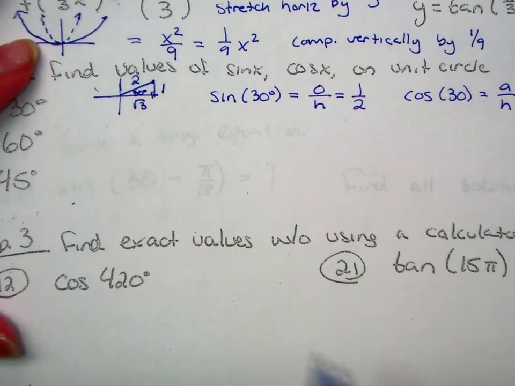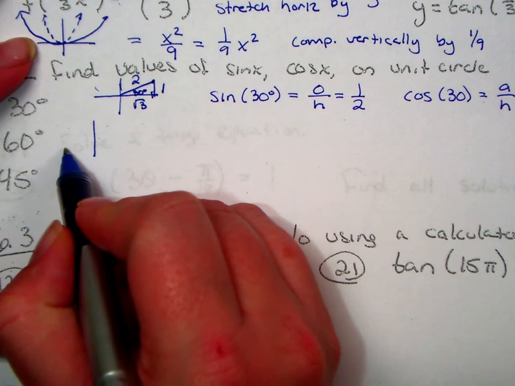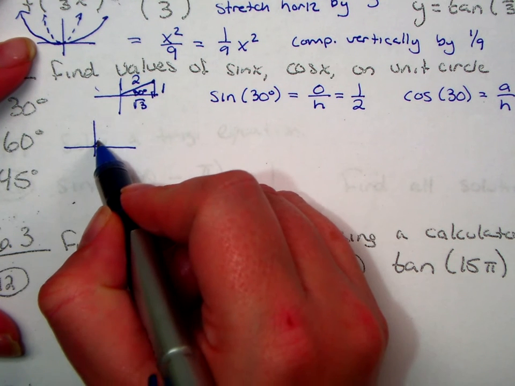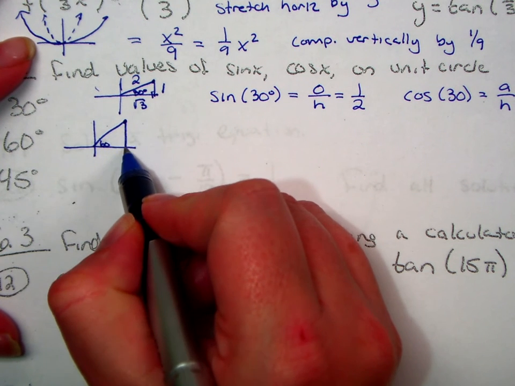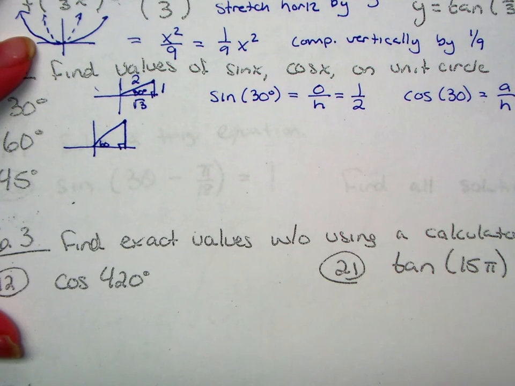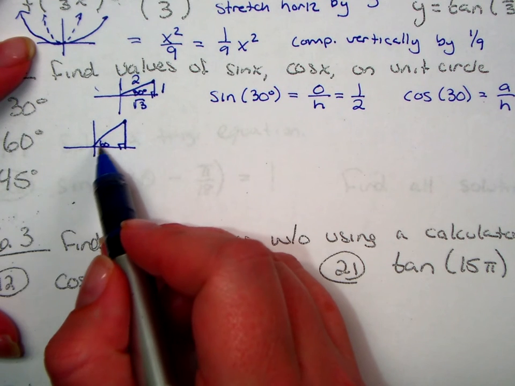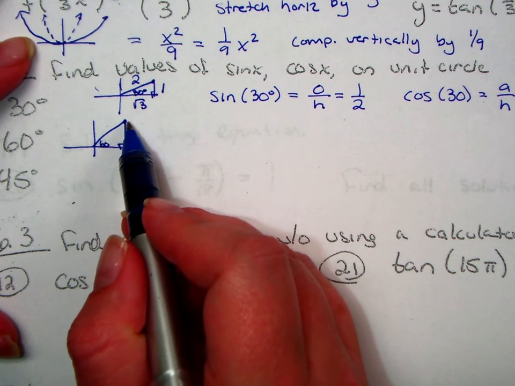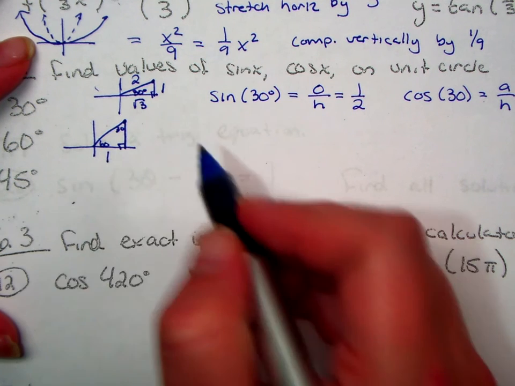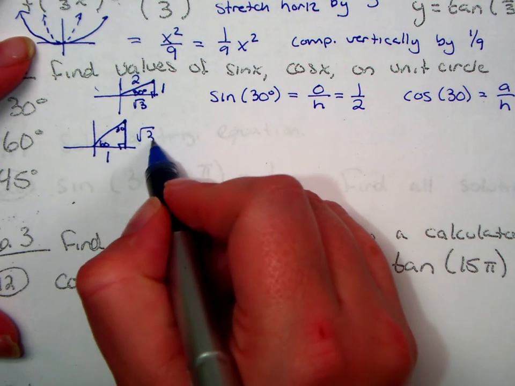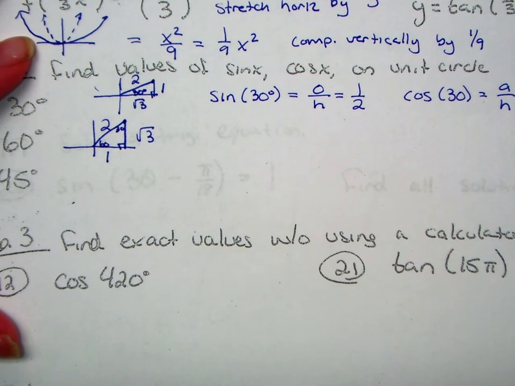Similarly for 60 degrees, let's open an angle out 60 degrees and drop a vertical line again. So the bottom angle is 60 and the top one is 30. The side opposite 30 is always the 1, the side opposite the 60 is always rad 3, and the hypotenuse is always 2.